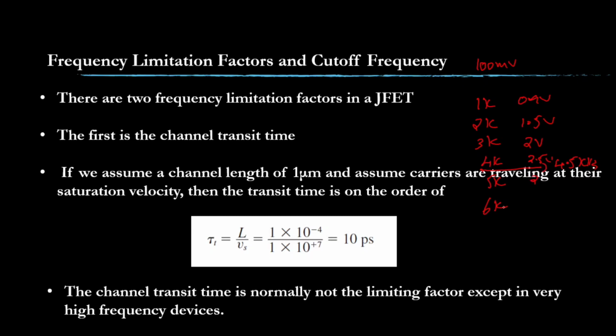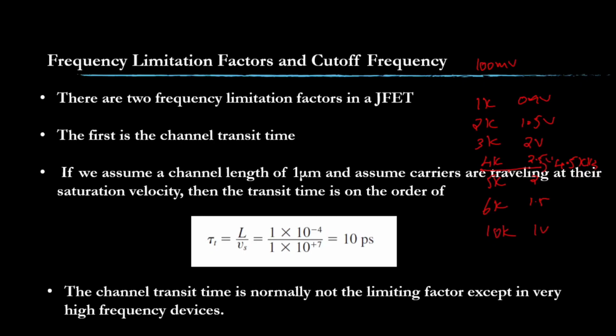Again, if you increase the input frequency, it's going to be 1.5. And if you increase to 10 kilohertz, you will get almost 1 volt output. So the cutoff frequency is the frequency where you can get maximum performance in that amplifier. That is the physical meaning of cutoff frequency.